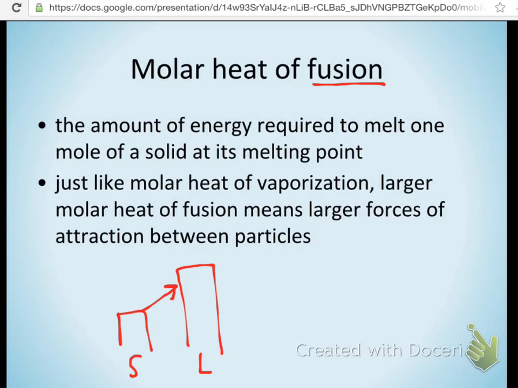I always get confused because it sounds like molar heat of fusion should be how much energy is given off when it fuses into a solid, but it's not. So it's just backwards. And it's just like molar heat of vaporization in that the stronger the forces of attraction, the larger the molar heat of fusion.